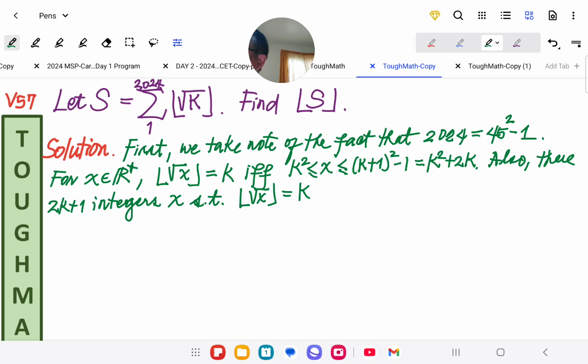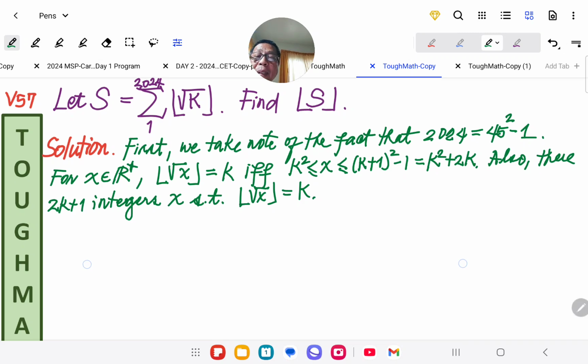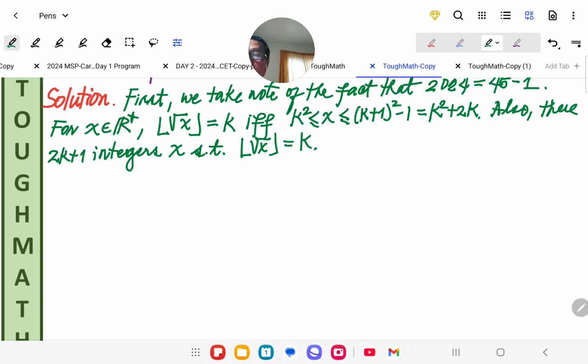Okay. So from this observation, we make the following table.